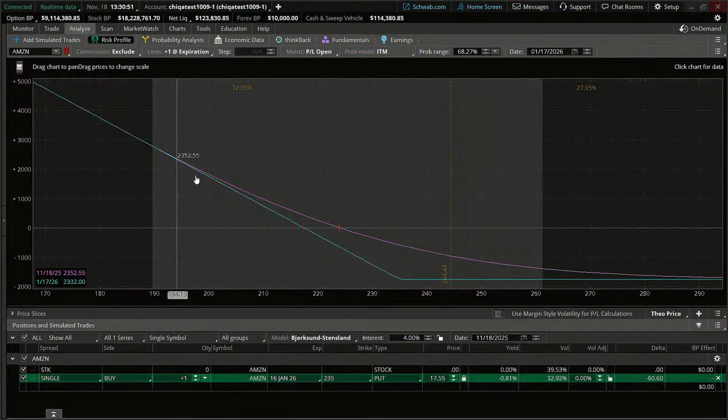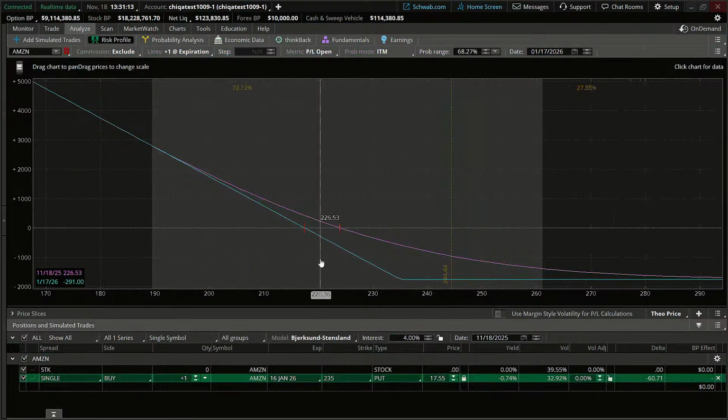You can see as I'm moving my mouse over the 200, 210, 220, those values are going to change in this lower left-hand corner, showing what that theoretical gain and loss would be based off the date that we're looking at and the price that I'm hovering over for a theoretical price move of the stock.